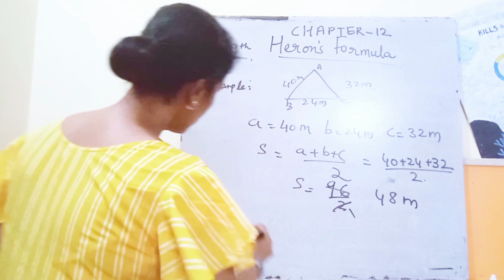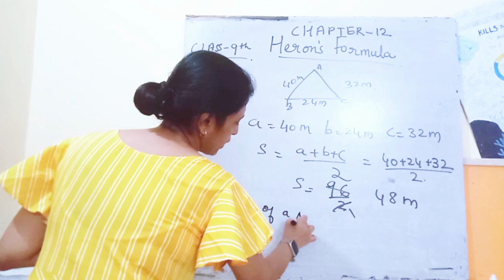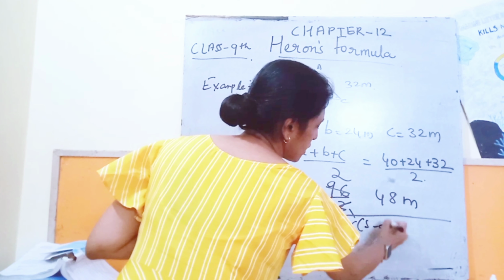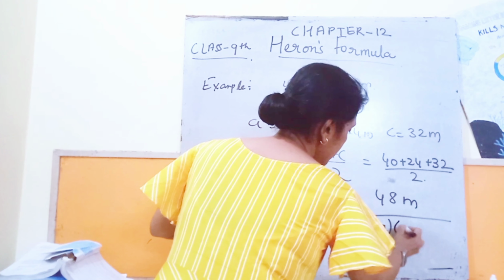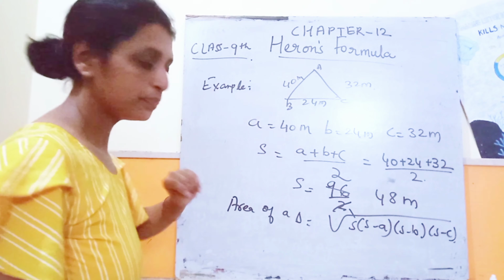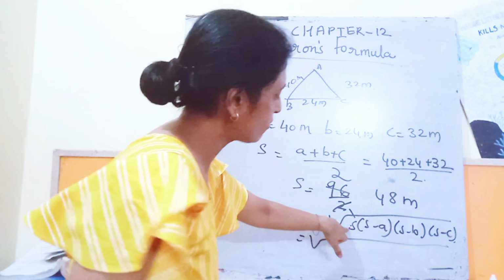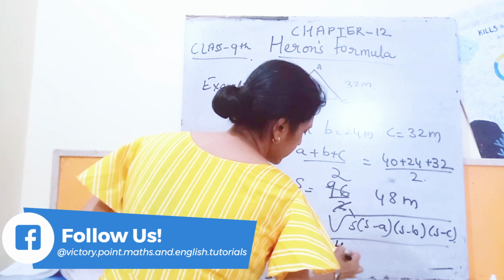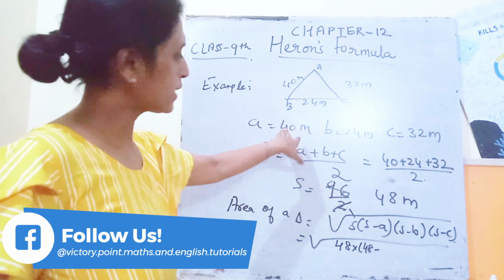Now we have to apply it in Heron's formula. Area of a triangle according to Heron's formula is under root s into s minus a, into s minus b, into s minus c. Now under root, keep the value of s that we found, that is 48, into 48 minus a. What is a? 40.